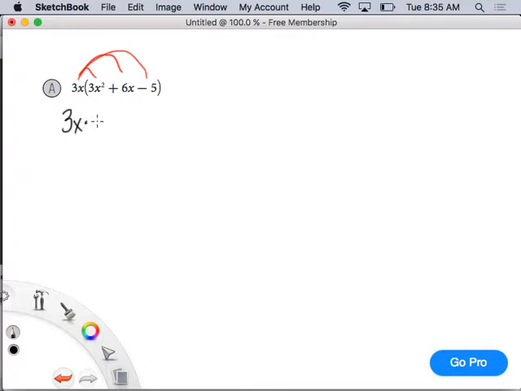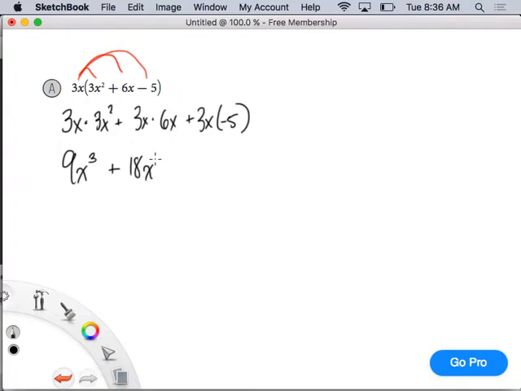So 3x times 3x squared plus 3x times 6x plus 3x times negative 5. Okay. 3 times 3 is 9. X to the first times x squared is x to the third. Plus 3 times 6 is 18. X to the first times x to the first is x squared. Plus negative, it's a negative, so negative 15x.